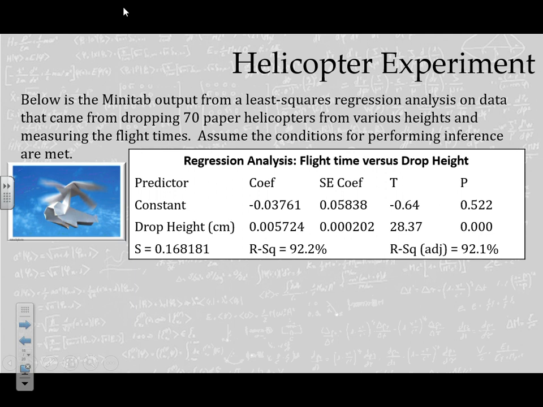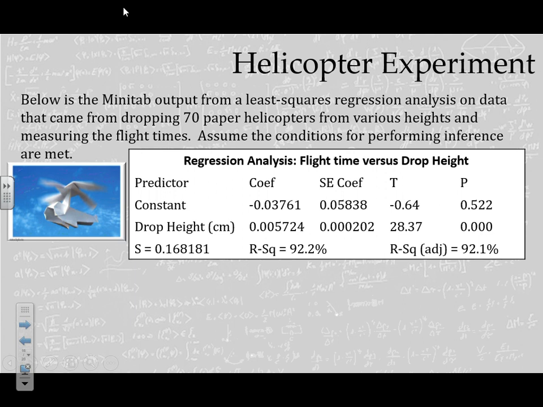Okay, so below is the Minitab output for a least squares regression analysis on data that came from dropping 70 paper helicopters from various heights and measuring the flight times. So basically, it took just paper helicopters, they dropped them from a certain height and looked at how long it took them to fall to the ground. Okay, so if we're looking here, constant would be my y-intercept, drop height would be my slope.